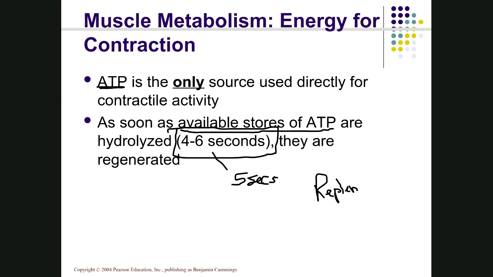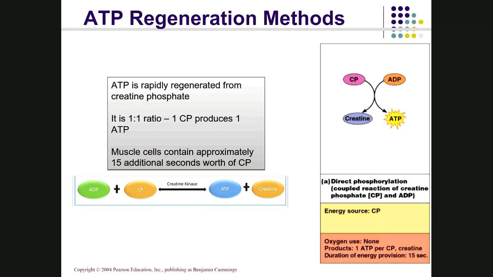And there are different ways of replenishing it. The first way to replenish this ATP is with a storage protein in our cells. We have also in our cells, besides free ATP, something called creatine phosphate. So creatine phosphate is a storage form of energy. Remember, ATP has 3 phosphates on it, and we're going to take one off and make ADP.